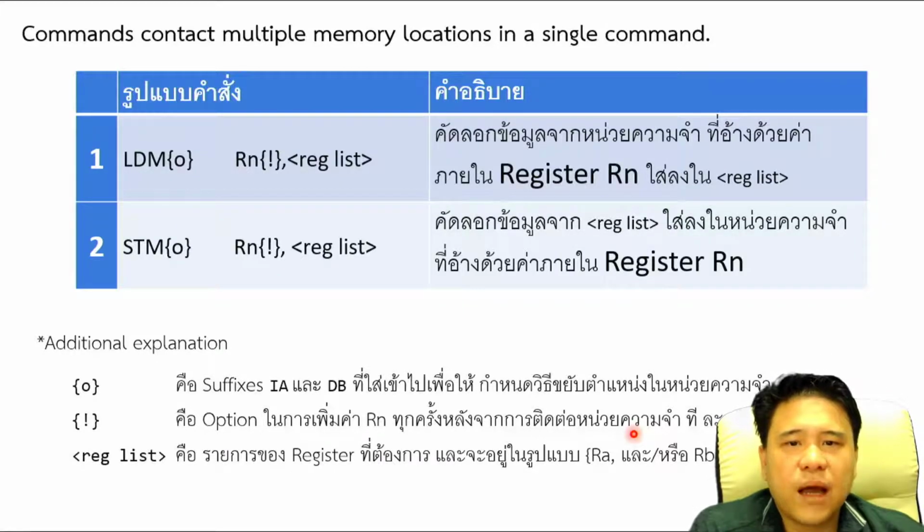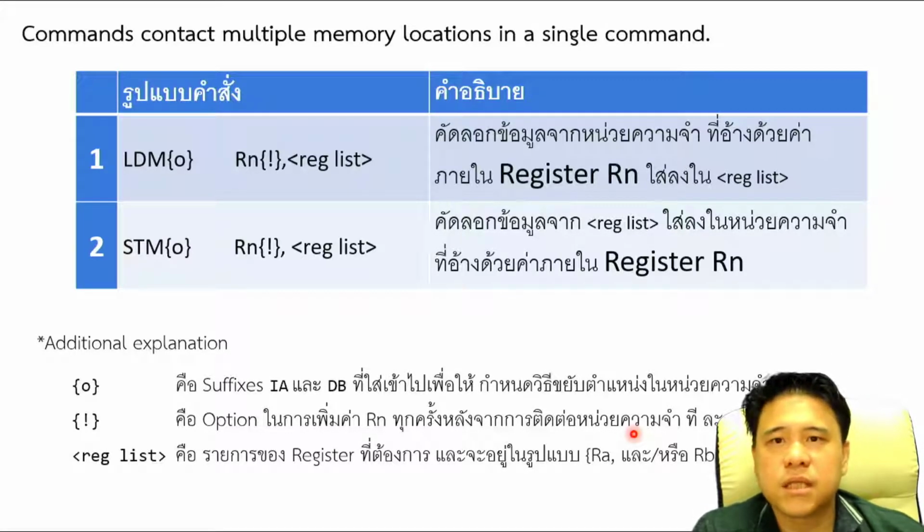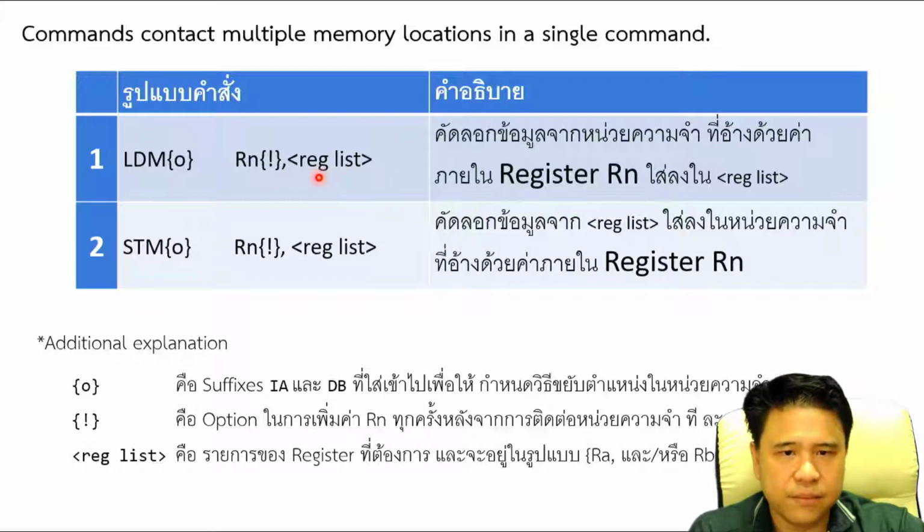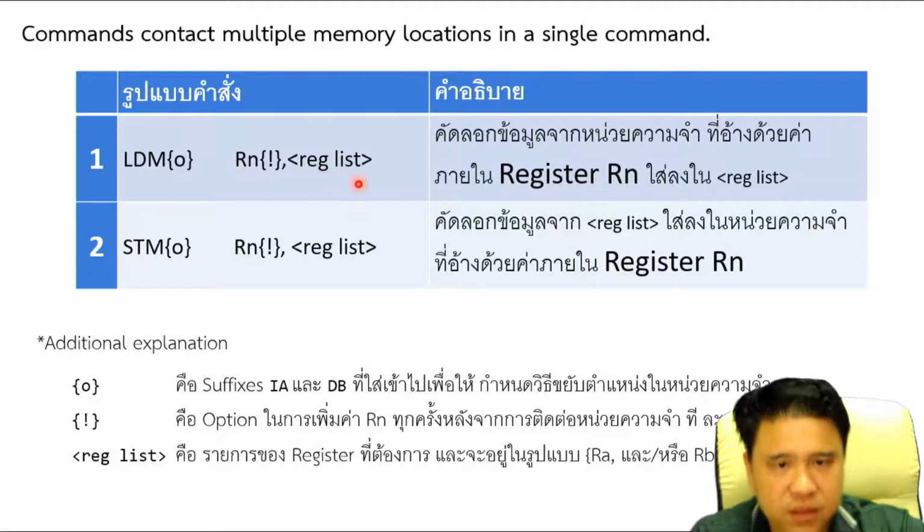Okay, and this one belongs to the same group of load and store instructions, but sometimes you would like to load and store a lot of information by using just one command. This is a command that has contact with multiple memory locations in a single command. It means that when you run this LDM, you can do Rn and register list.